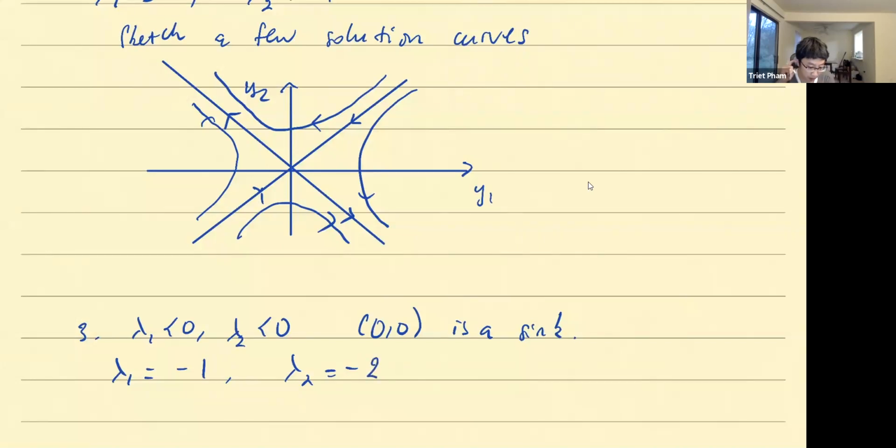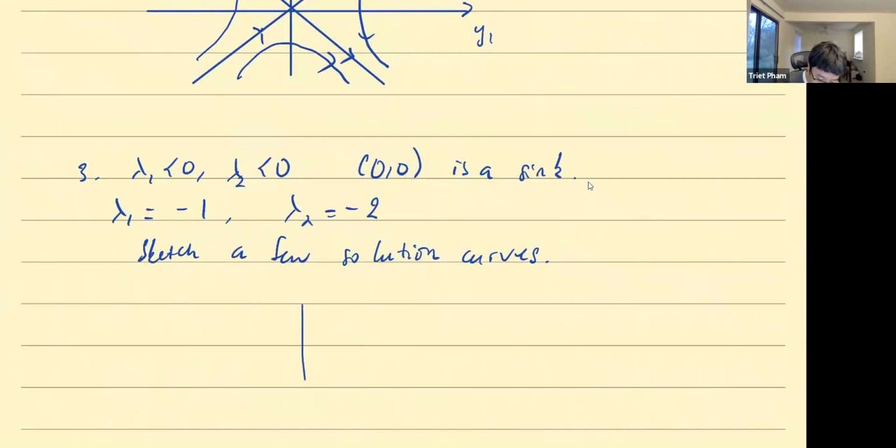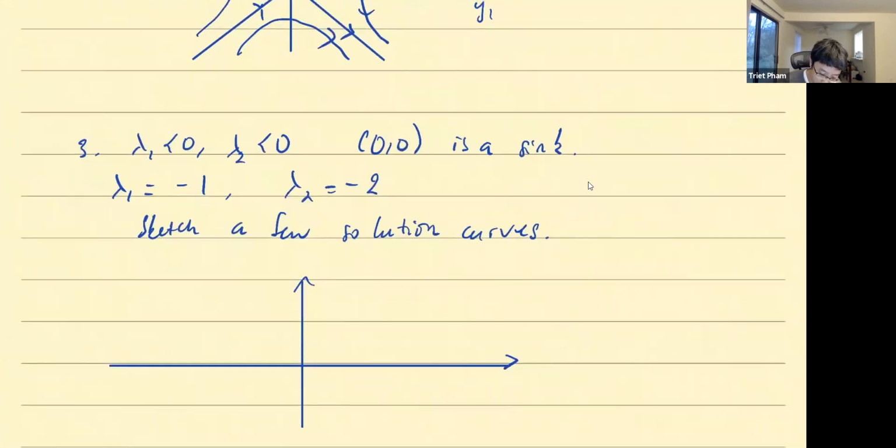Okay. And again, let's sketch a few solution curves. So what do we do? Two straight line solutions, but they both go in.